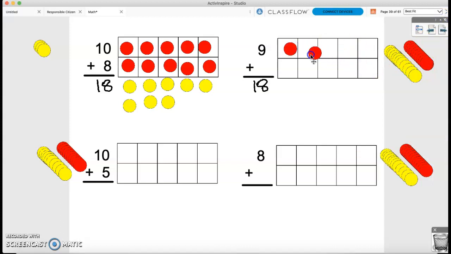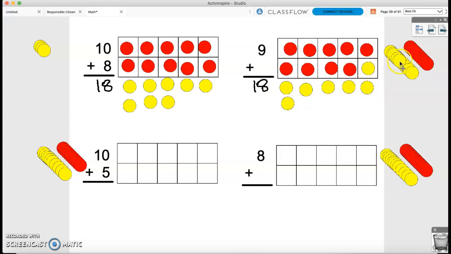1, 2, 3, 4, 5, 6, 7, 8, 9. But I need to get to 18, so I'm going to do the rest in yellow. 9, 10, 11, 12, 13, 14, 15, 16, 17, 18.